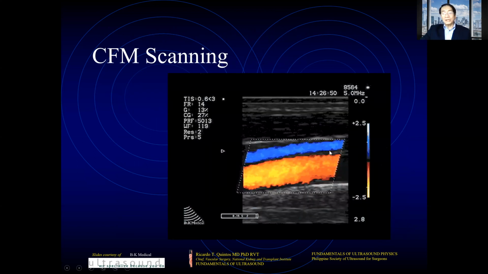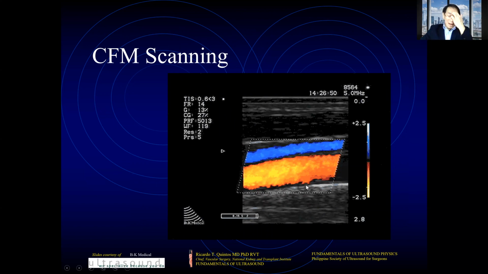So when you have this color flow mode, it's not actually because of the color of the content of the organ being examined, but it's really more of the color arbitrarily set by ultrasound manufacturers for certain frequencies and certain velocities. The blue can be set as a direction of movement away from the transducer, and the red can be set as the movement going towards the transducer.